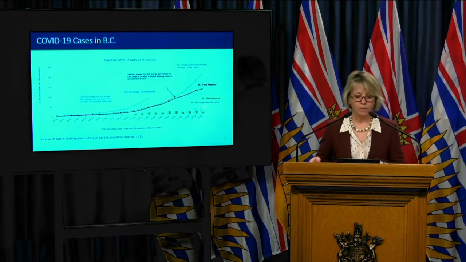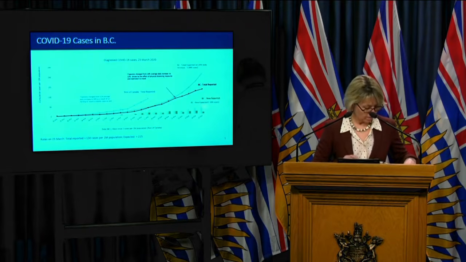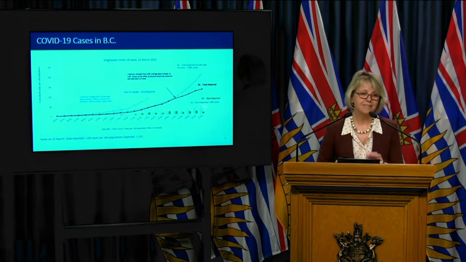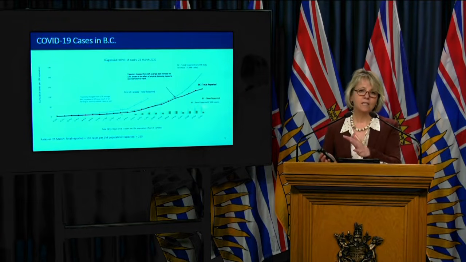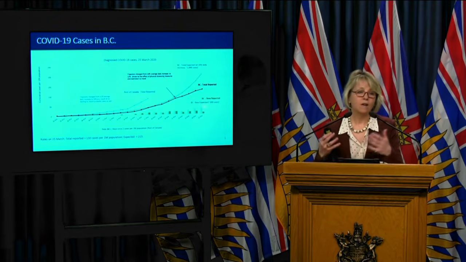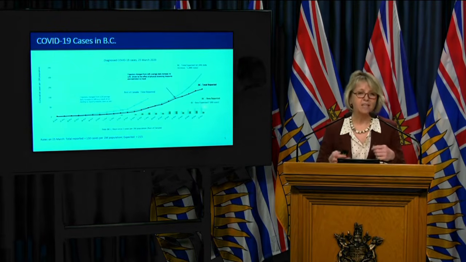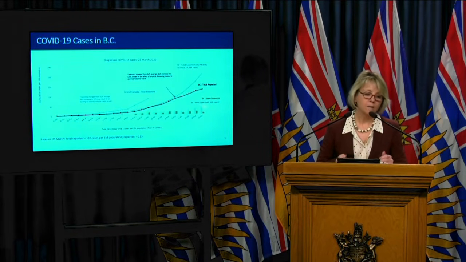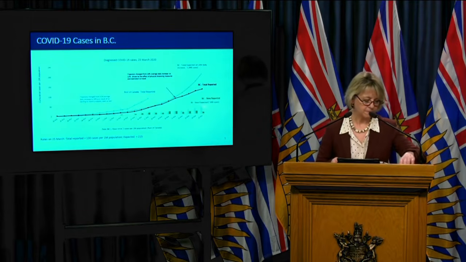So this is the modeling that we've been using, both to follow the trajectory that we have, and now I'm going to turn it over to Minister Dix to look at some of the other models that we have put in place that have helped inform our planning. And again, I just want to say these are not predictions. They're actually using data to help us plot a course that we can all get around and understand how we might be able to respond to our pandemic as it evolves in BC.